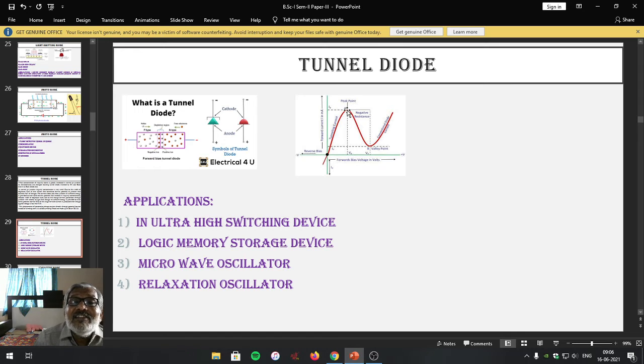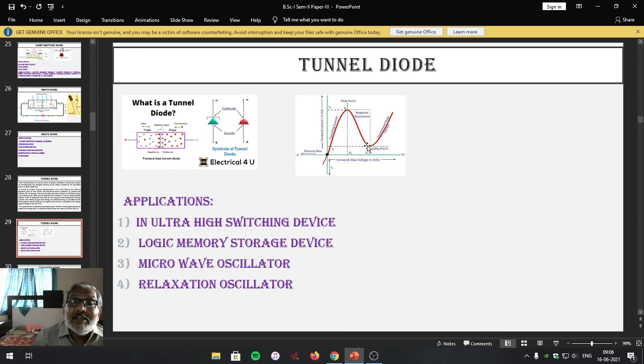That means the decrease in current through the diode with increase in voltage will continue till the voltage becomes a particular value. That particular voltage at which the current becomes minimum, that particular point we can call the valley point.